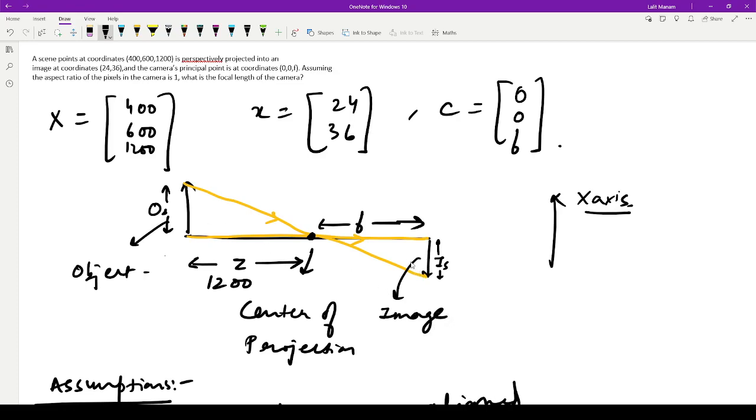Given this, you can clearly see that there is similarity of triangles from which you can solve this problem very easily. So given the similarity of triangles, how does it look? Object size by Z equals image size by F. Do people agree? This by this equals this by this?